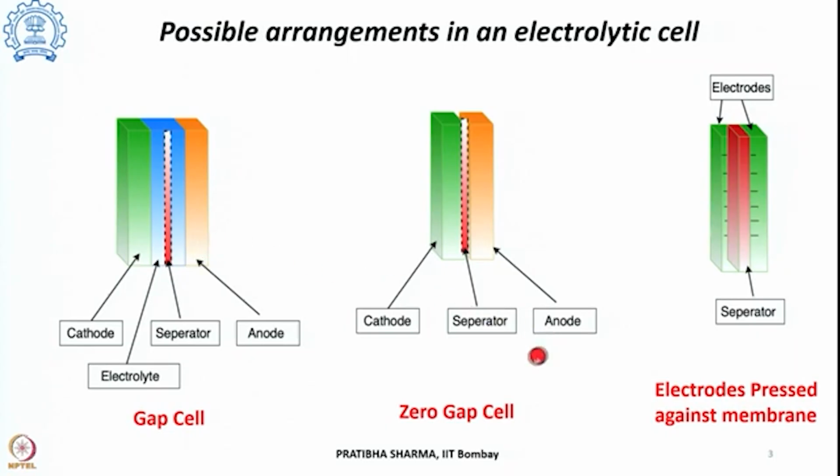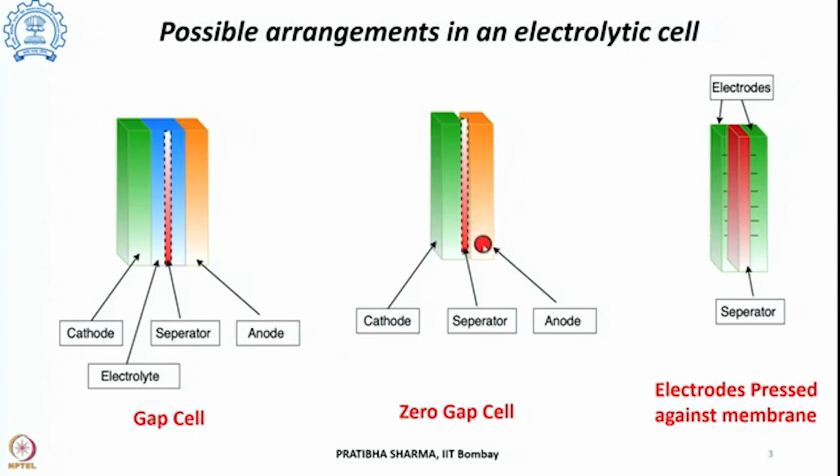The second concept is that of a zero gap cell, where the separator is pressed across the two electrodes. The electrodes here are porous with electrolyte present in the interpolar region, and the separator has a zero gap with respect to the electrodes.